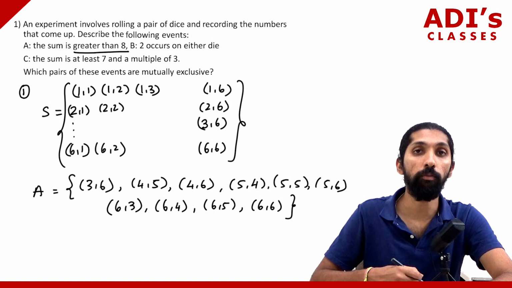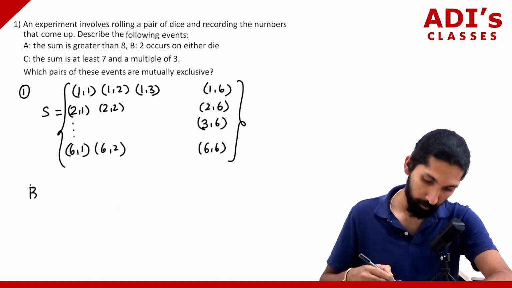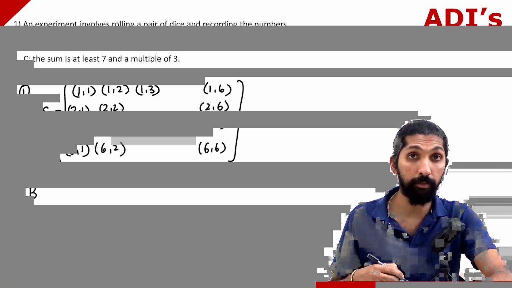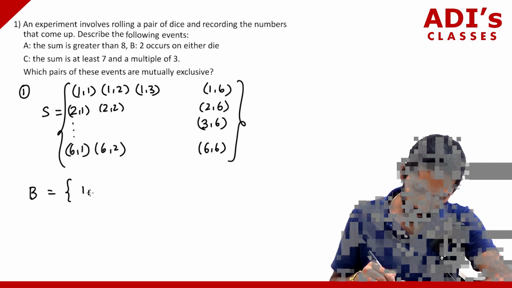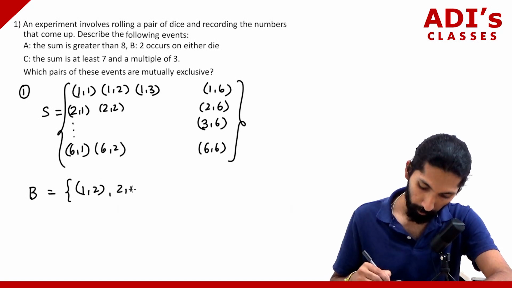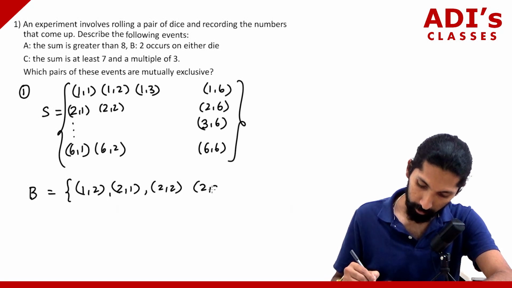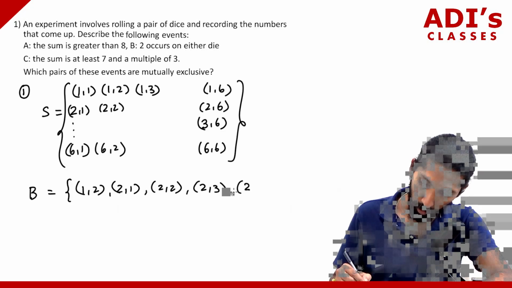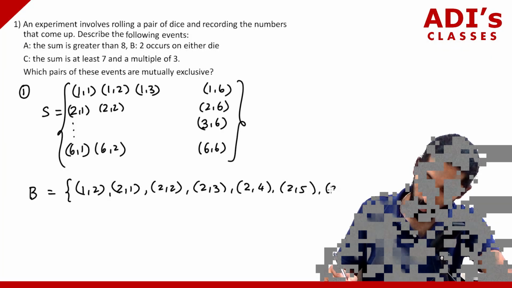Okay. Now we'll look into the value of B. For B, what you have is 2 occurs on either die. Correct. So we can start by taking very simple 1 comma 2, or 2 comma 1, 2 comma 2, 2 comma 3, 2 comma 4, 2 comma 5, 2 comma 6.